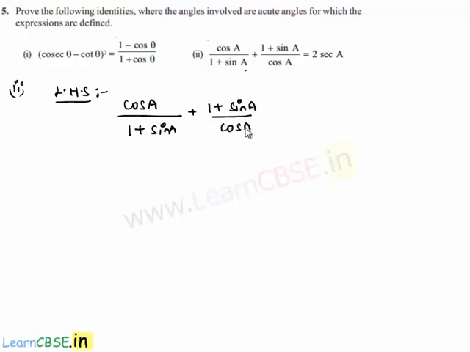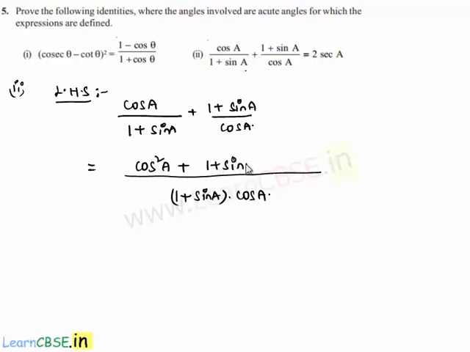And now let us simplify this, which is equal to, let us take LCM as (1 + sin A) into cos A. Then the numerator becomes cos A into cos A, which is cos²A, plus (1 + sin A) into (1 + sin A), which is (1 + sin A)².